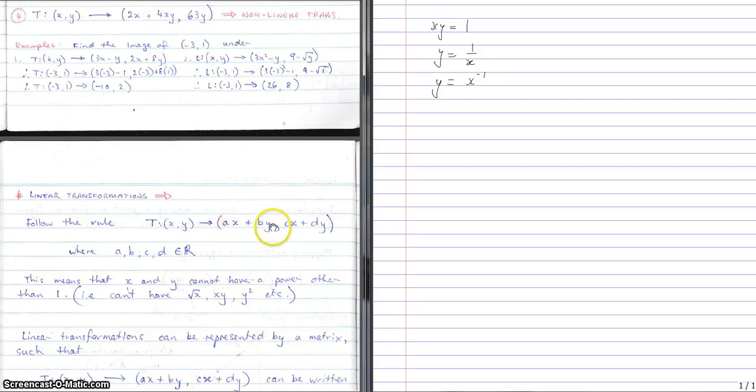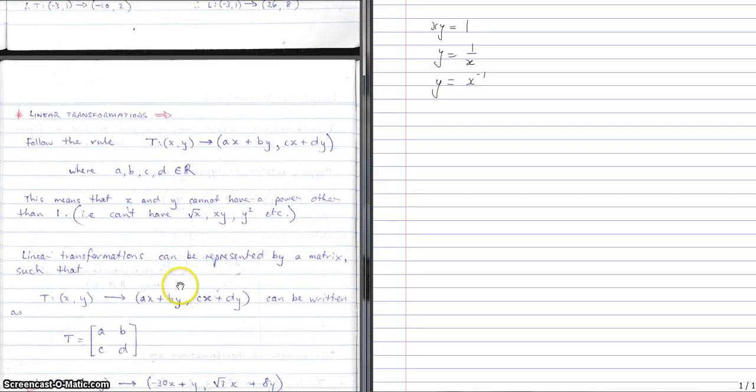Notice the powers of x and y are 1, a and b are coefficients. And your new y coordinate becomes cx plus dy. c and d are coefficients, x and y have powers of 1. Okay, so a, b, c and d are just all real numbers. And that's what we mean by this statement here. So this means that x and y cannot have a power other than 1. All right, we've talked about that.